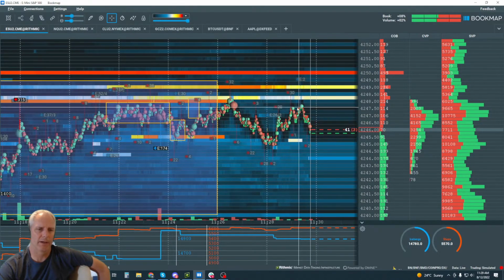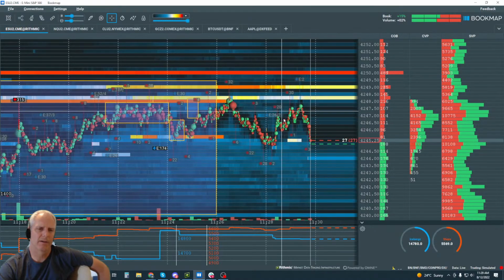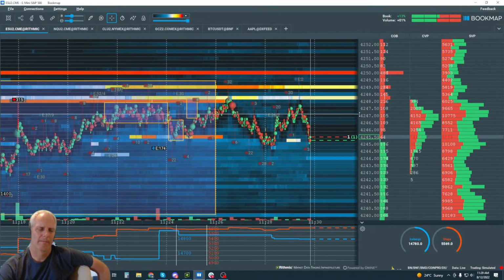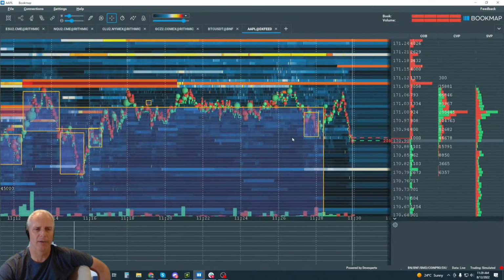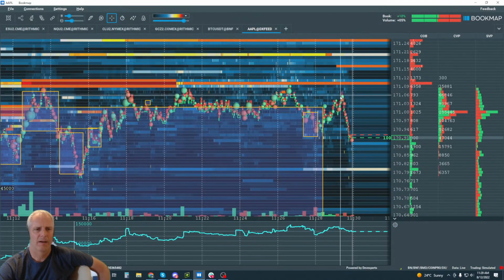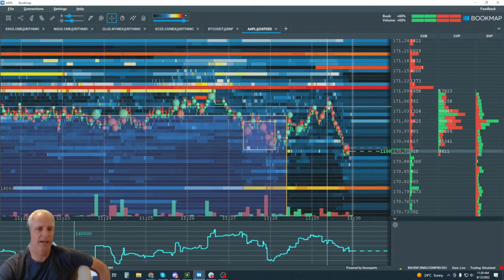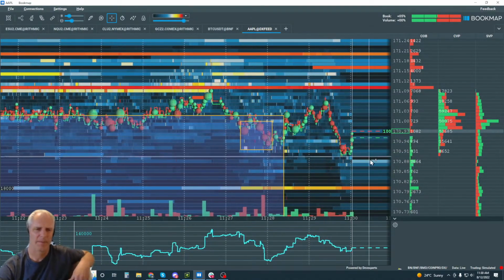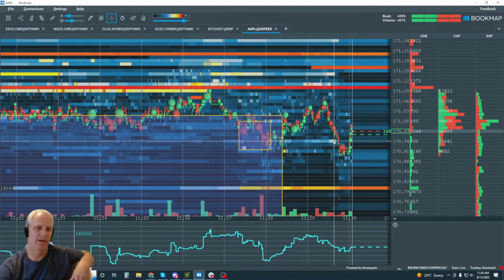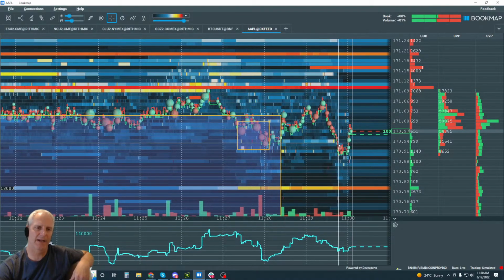It looks pretty weak. All right, so here we are back down to the bottom of the range, and let's take a look at Apple. It too, again, buying pressure. They had it here. They could do it. Here's one. You'll see that mount another attack here.